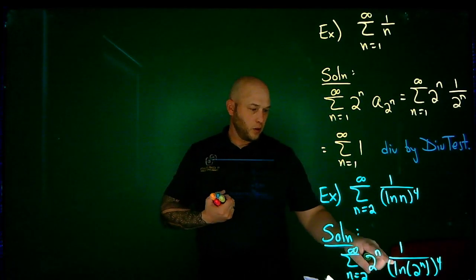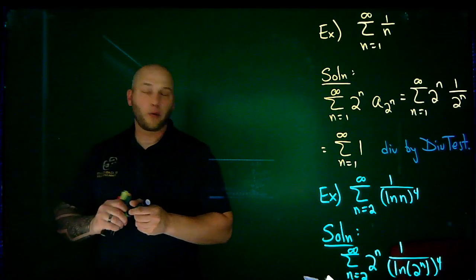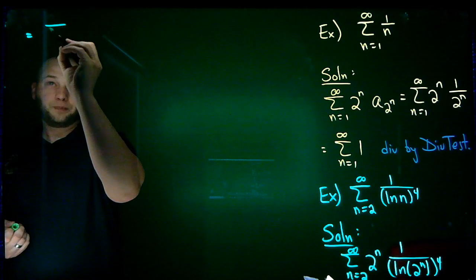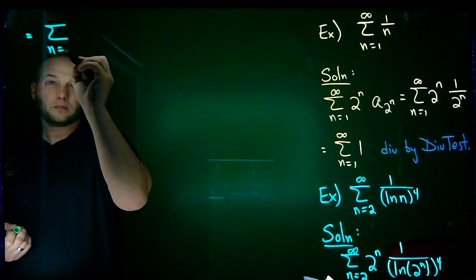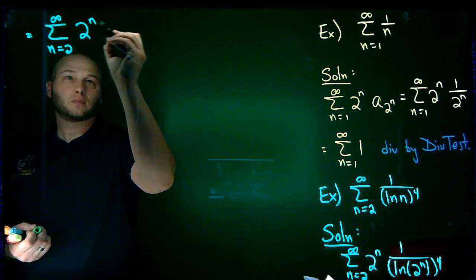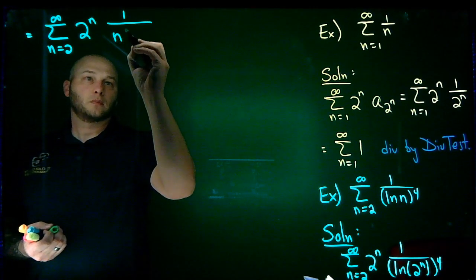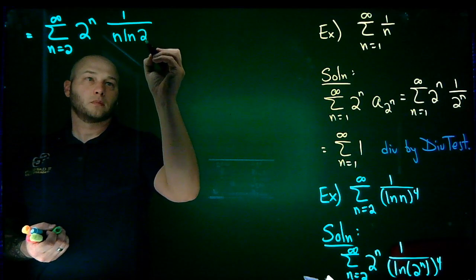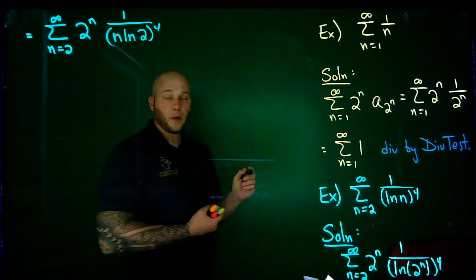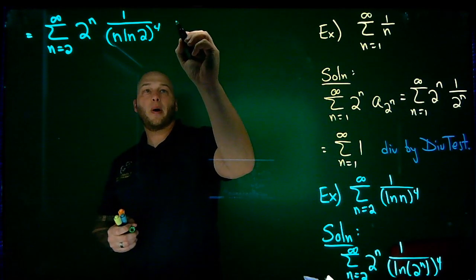First thing I'm going to do is, inside of the natural log, I have an exponent, which means we can bring that out front. That means the series that I'm working with is equivalent to this expression. And power of a product is the product of the powers.